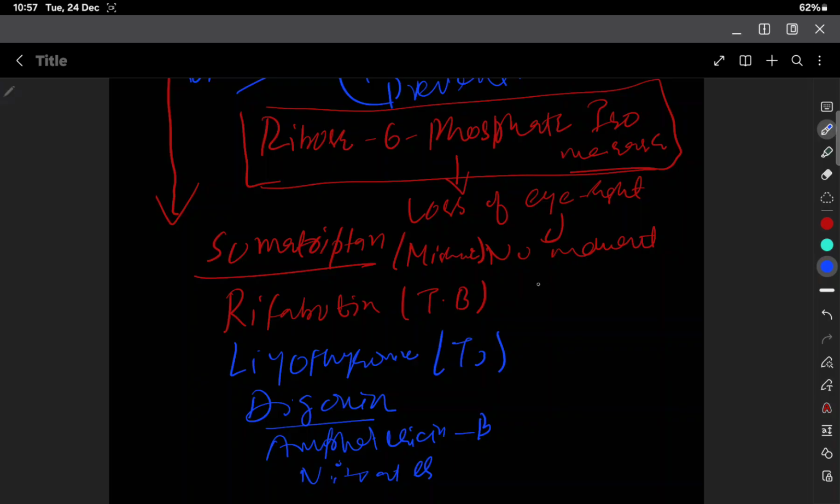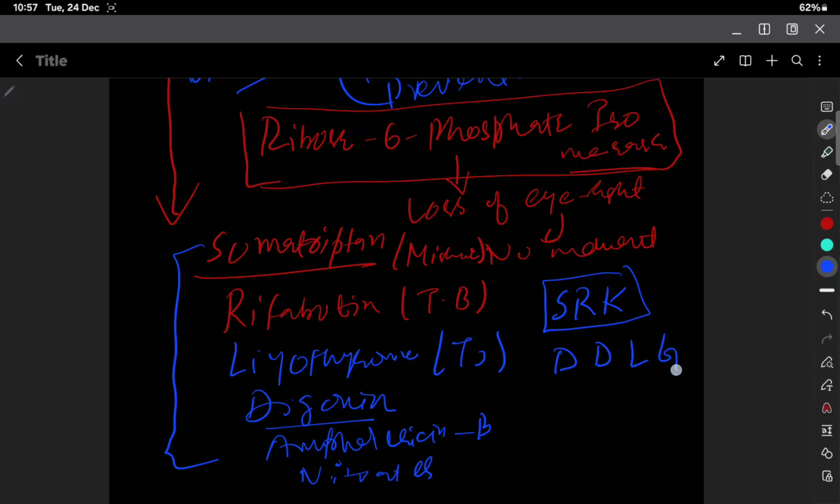You can remember this by mnemonics. For example, SRK, everyone remembers SRK. S means sumatriptan, then D means digoxin.